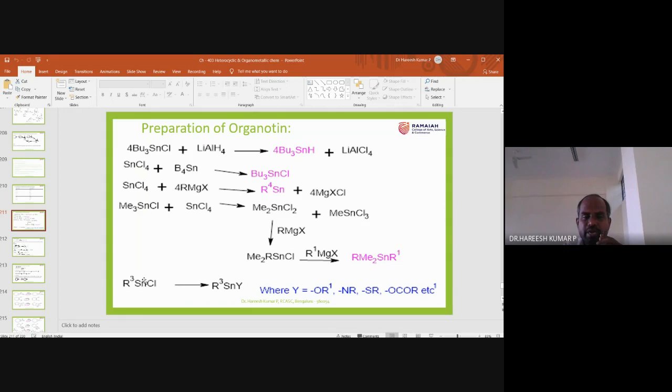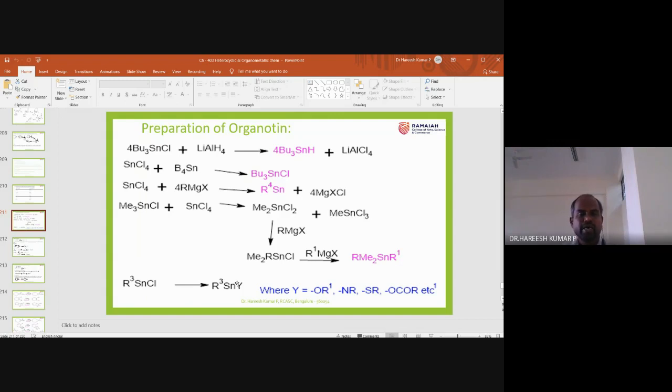You can observe that trialkyl stannyl chloride, if it is treated with Y, where Y is a nucleophile, Y may be a methoxy, an amine, a thio compound, an ester, etc. That means it is possible to replace the chlorine attached to the stannous element. So this type of reaction is also possible, and this is also an organotin compound. So with this, I will go to the next slide.